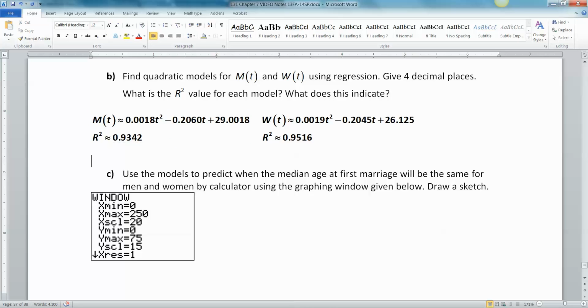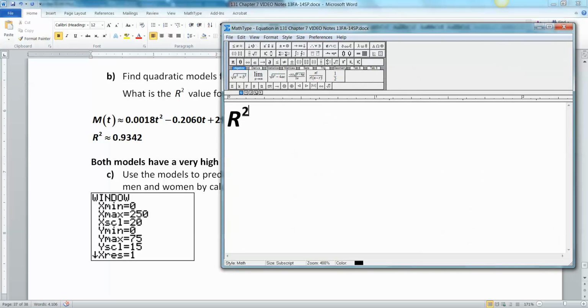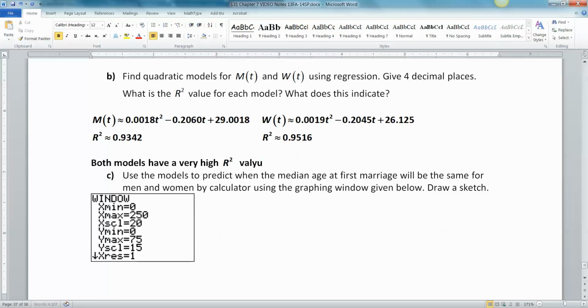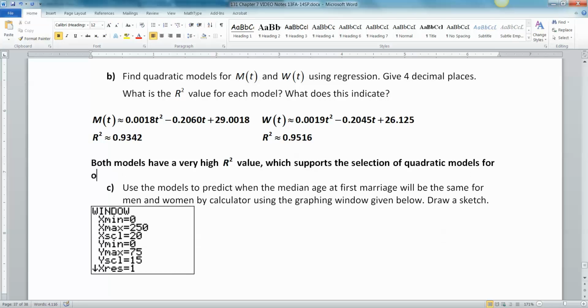All right, so both models have a very high r squared value, which supports the selection of quadratic models for both data sets.